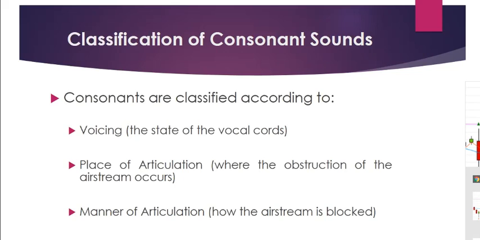If you're obstructing the air with the lips, then you're making a labial or bilabial sound. It could be labiodental, depending on how you're making the obstruction, and this is part of the classification of the consonant sounds. Okay, if you're partially obstructing the air in the glottis, then you're making a glottal sound like the jota, as in house.